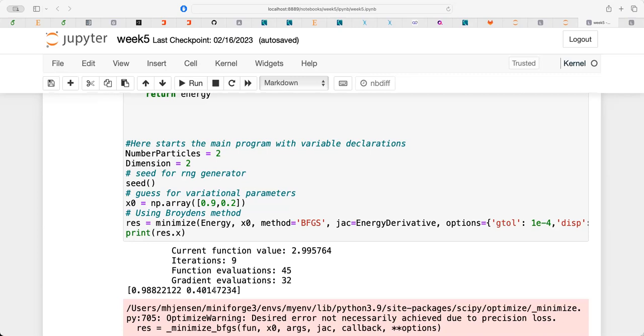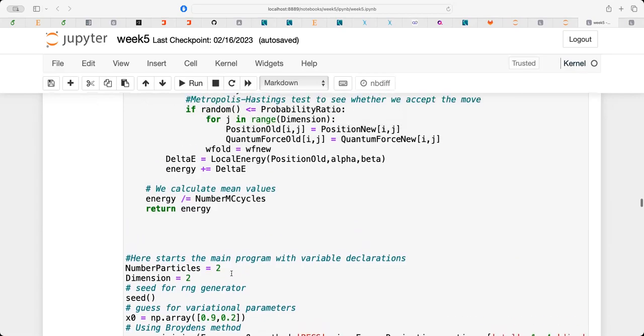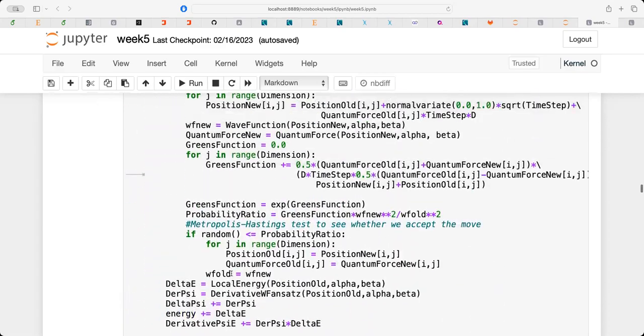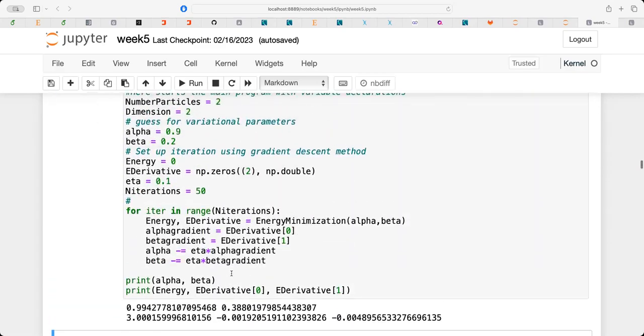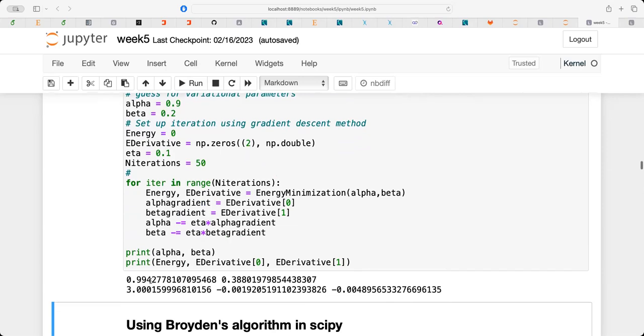So remember that here we are starting with a random guess. Actually, now I started with this value. And the different methods will give you different optimal parameters. So look at these values here, 0.988 and 0.4. If you look at my plain gradient descent up here, that gave me something which is close to, but not exactly the same value.